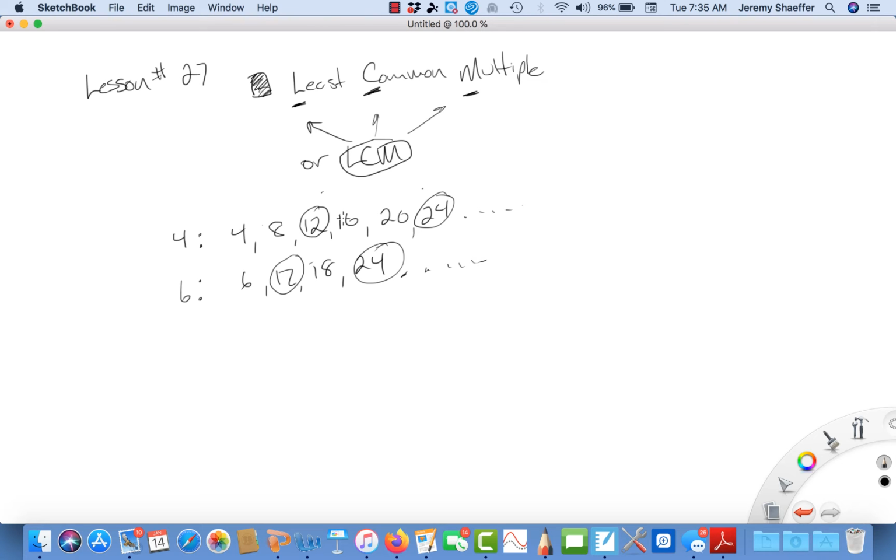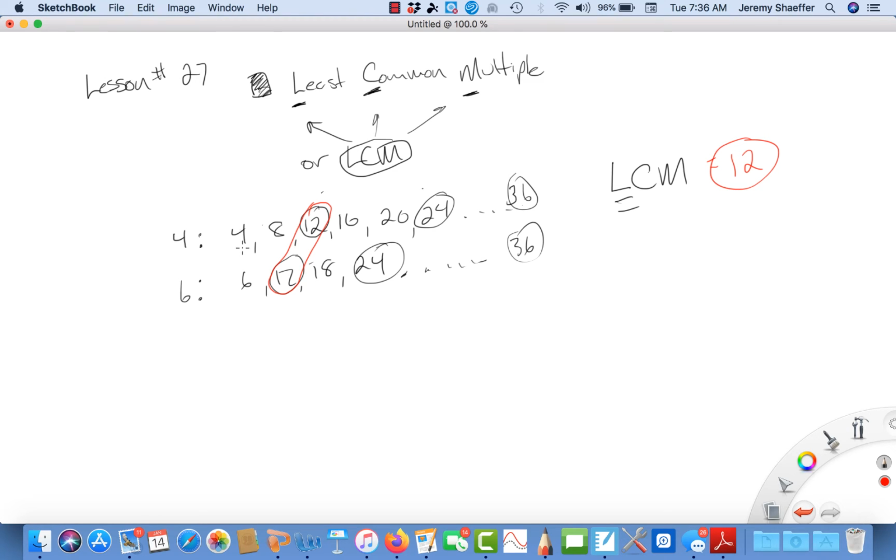So we would expect the next multiple of 12, which would be 36, to also be a common multiple, and that's true. So with the idea of the least common multiple, meaning the lowest one, the 12 fits that answer. The least common multiple of 4 and 6 is 12.